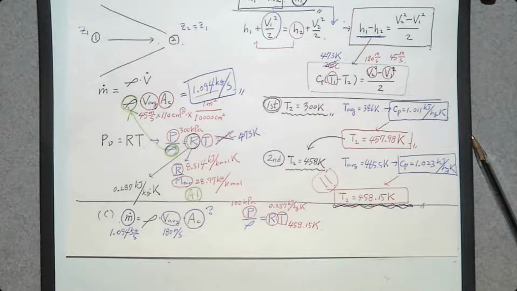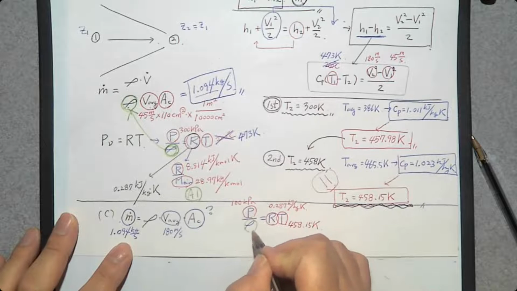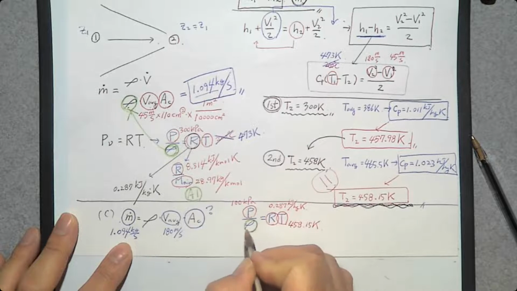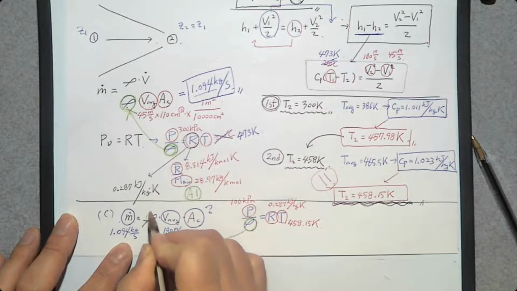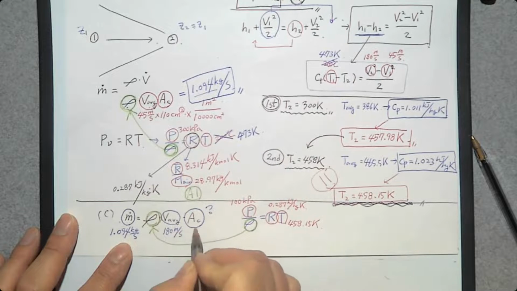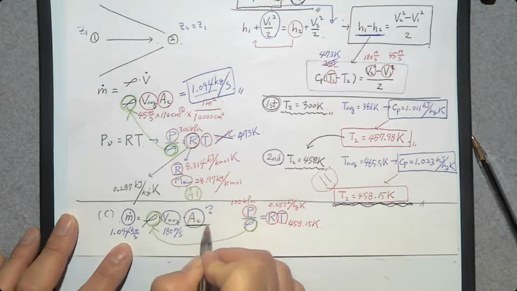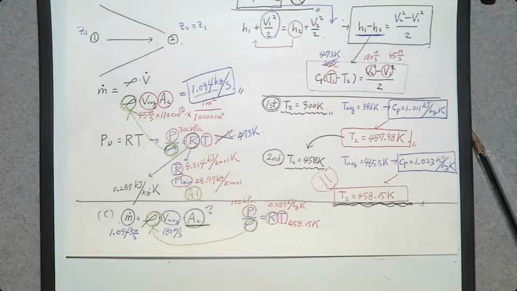Now you can determine the density. Once you determine the density, you can substitute this density value into this mass balance equation to determine the cross-sectional area. Okay?